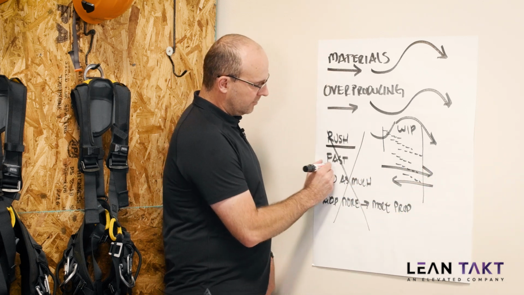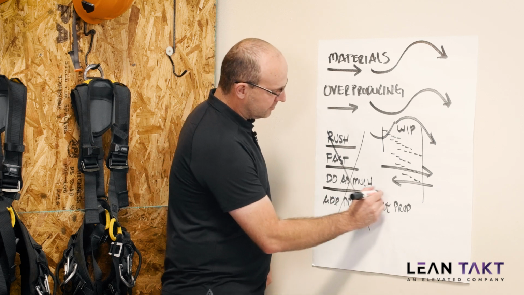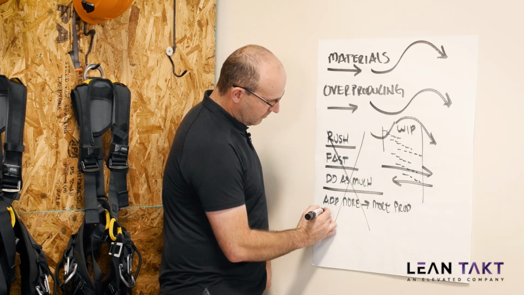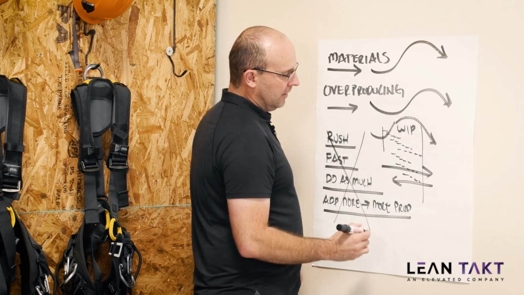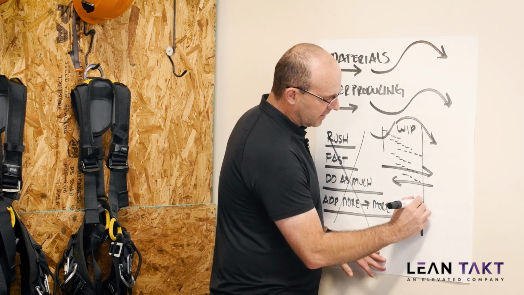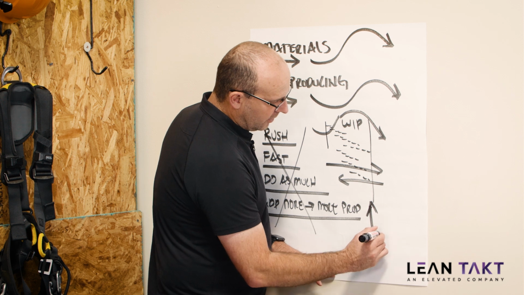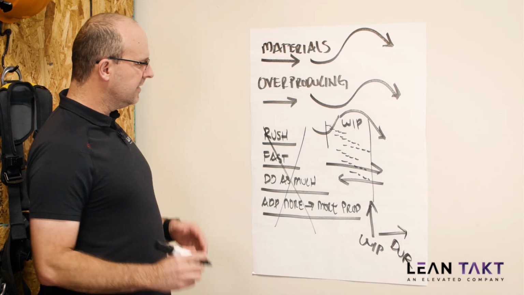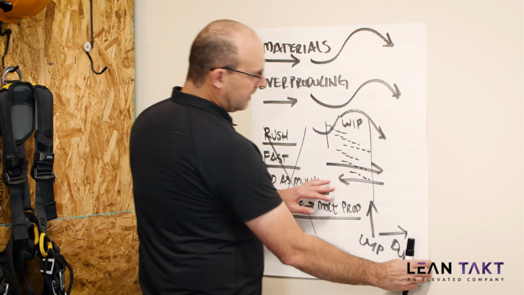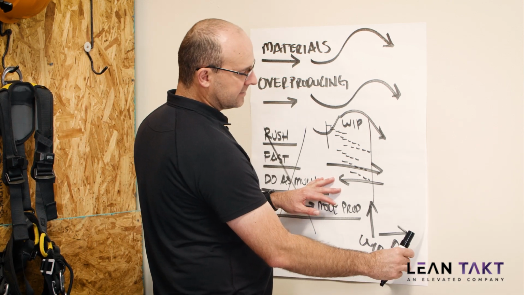When you rush, when you attempt to go fast, when you do as much as you can, right? And when you add more people, it increases your WIP. And when you increase your work in process, then you automatically extend your overall duration. And there are some reasons for this because you encounter the wastes.